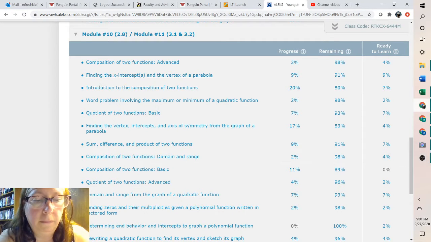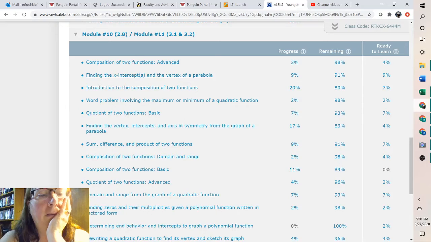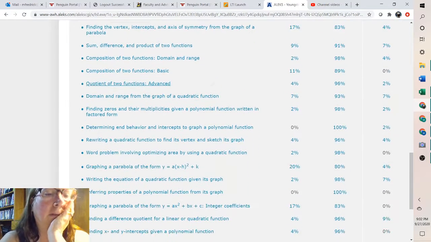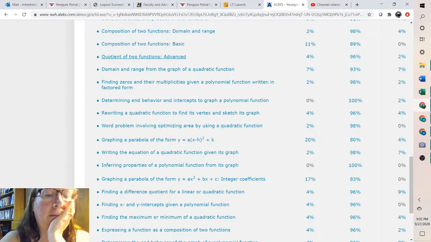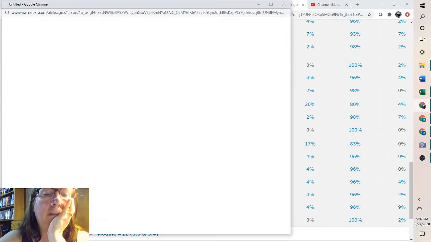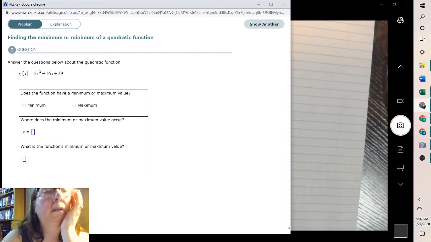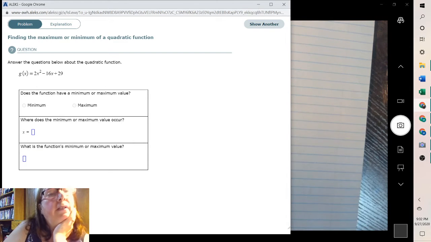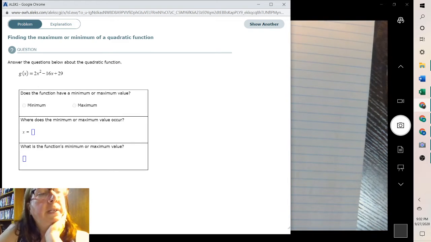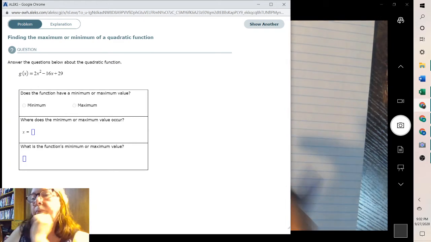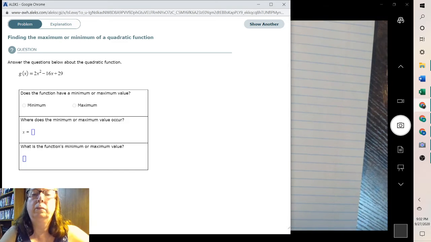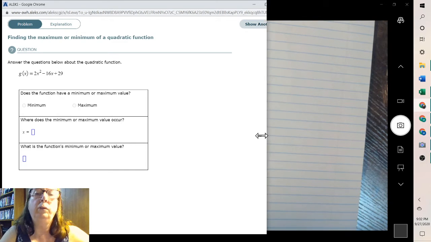One more in this section. Finding max and min. Here it is. So finding the max and min of a quadratic function. When you're finding the max or min, think about the parabola and what it looks like.